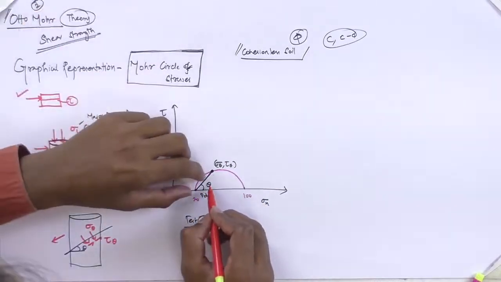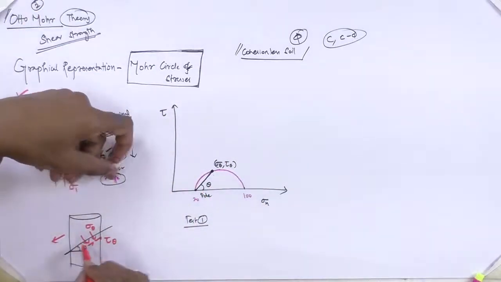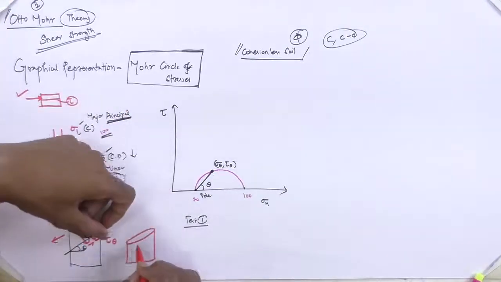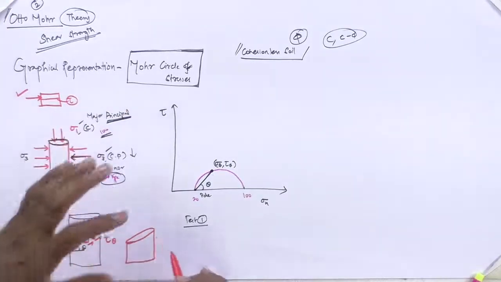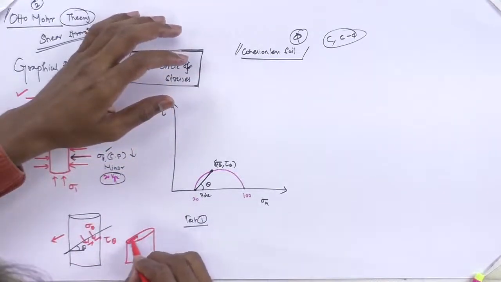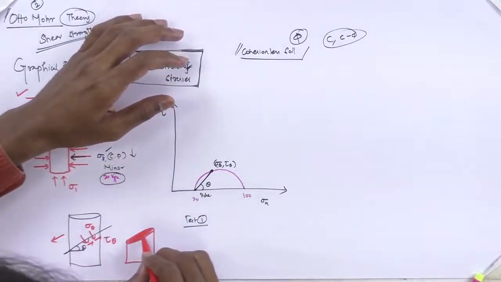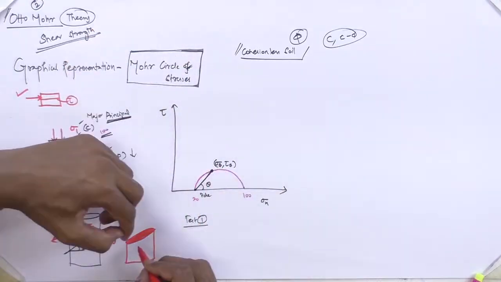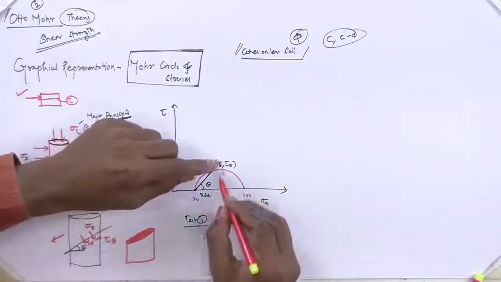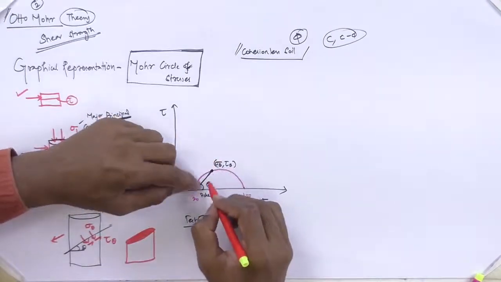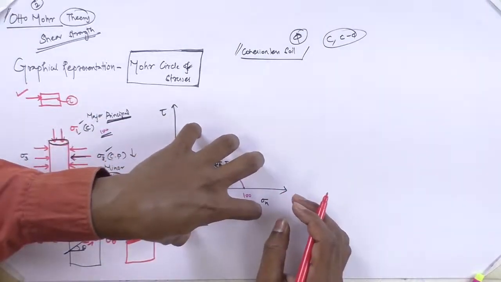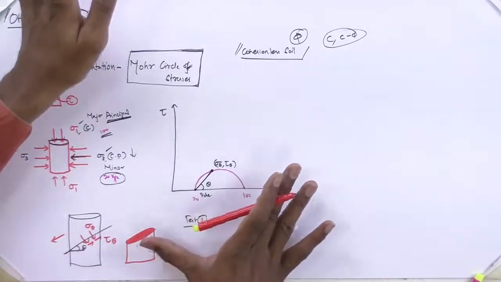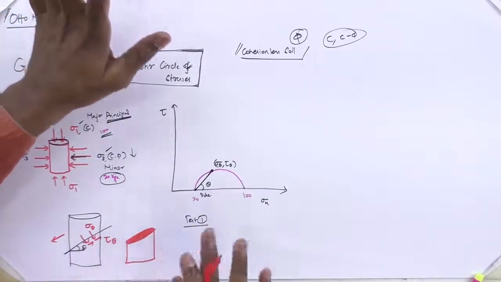If you take the same angle in your soil sample, at theta inclination, this plane has a normal stress of the same sigma theta value and a shear stress of the tau theta value. This Mohr circle he has explained very easily. So this is the stress that is applied.